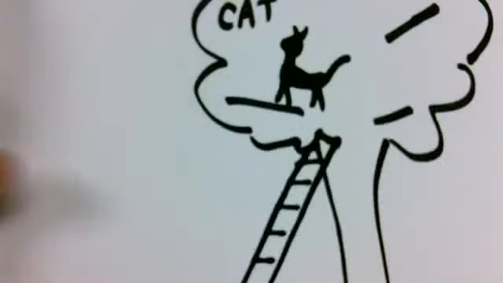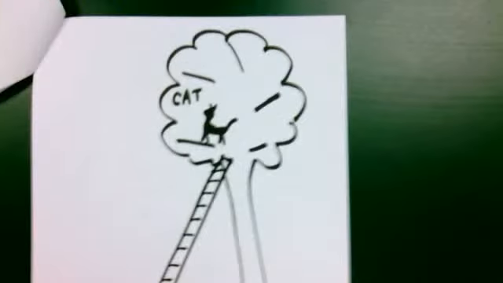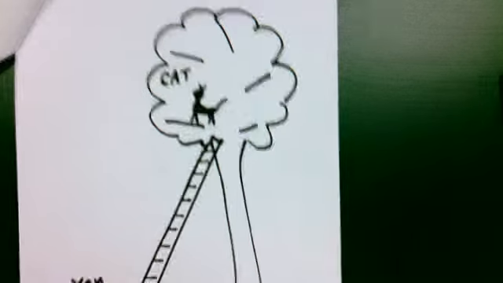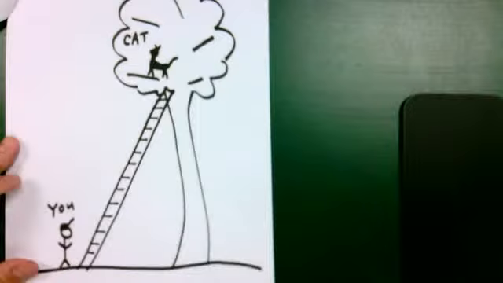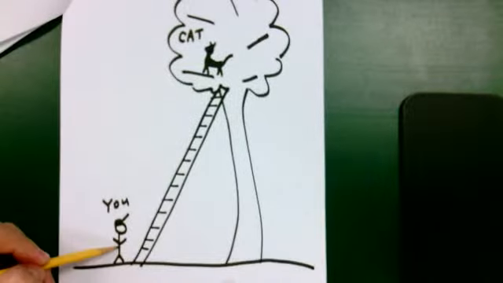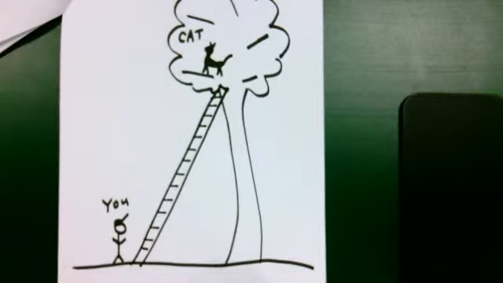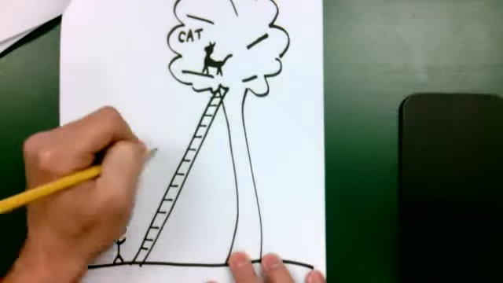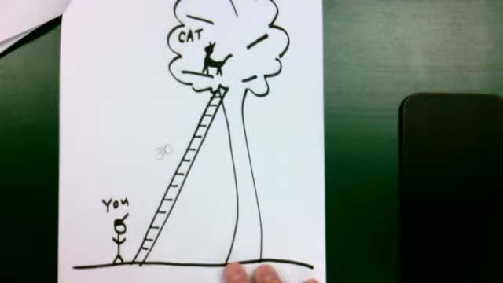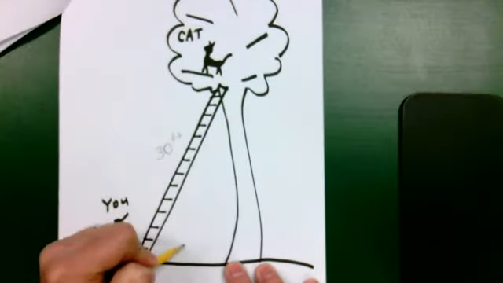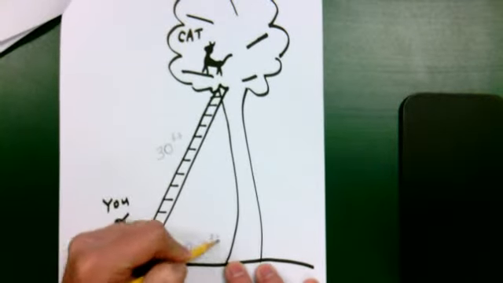So here's my silly picture. And I'll have to zoom out a little bit further. Alright, so here is you, and here is the cat. And this is 30 feet long. And you are 7.5 feet away from the base.